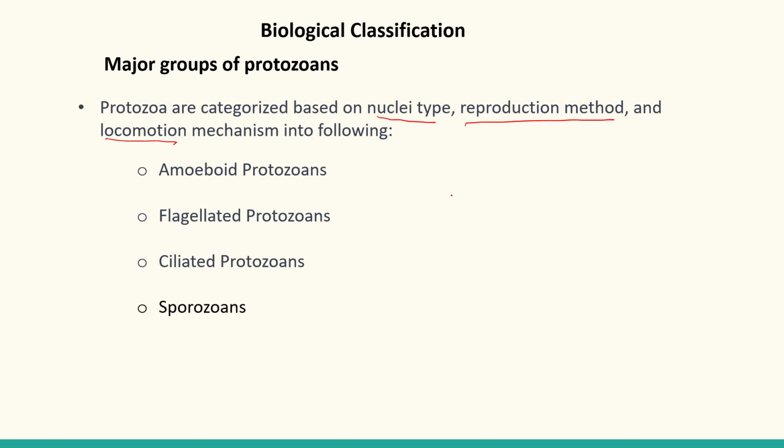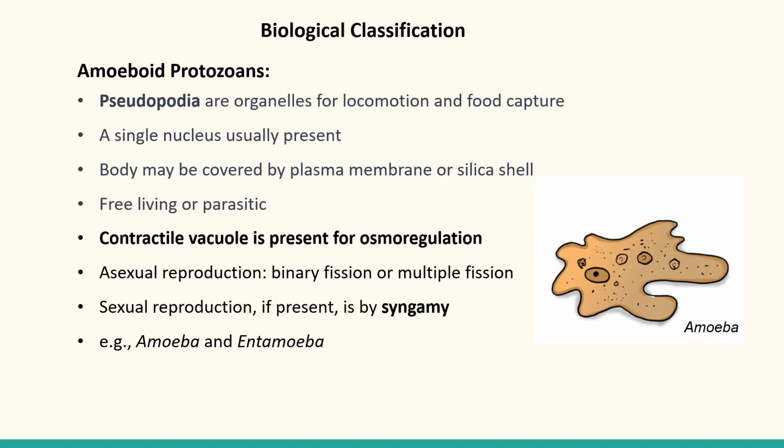Number 1 is amoeboid protozoan, the second is flagellated protozoan, the third is ciliated protozoan, and the fourth is sporozoans. Let us talk about all these 4 types one by one.